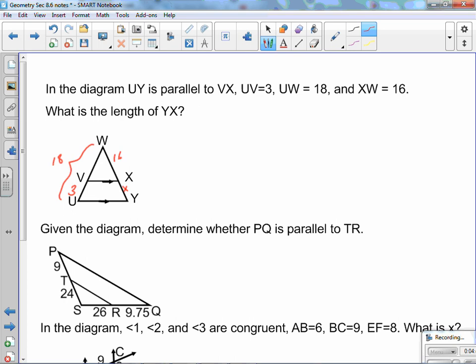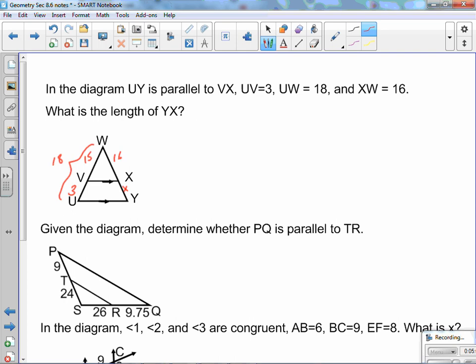So, first off, we know that WU is 18 and VU is 3, so WV is going to be 18 minus 3, or 15, right?